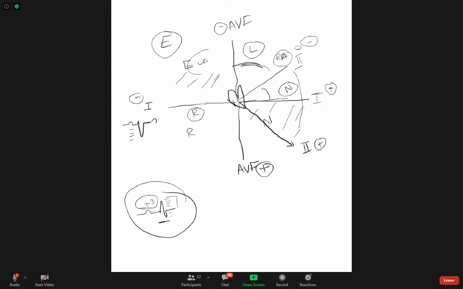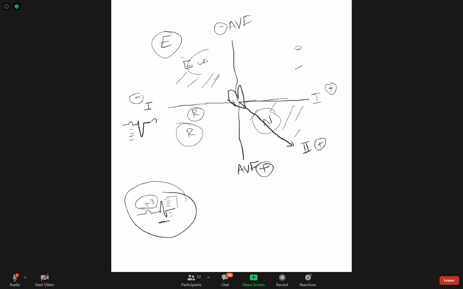Okay, so the last part. Let's go back again. You understand, for example, that if we have positive lead 1 and positive AVF, you're going to be here, right? If you have negative lead 1 and positive AVF, you're going to be right axis.